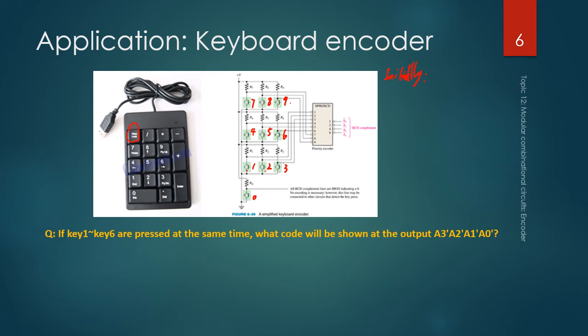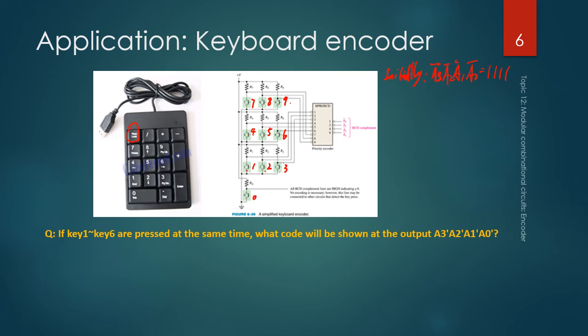So initially A3 bar, A2 bar, A1 bar, A0 bar is 1111. So nothing is active, and it always generates this code there.